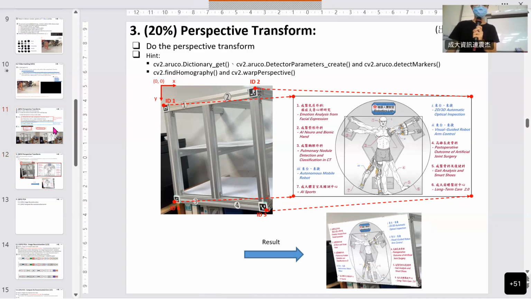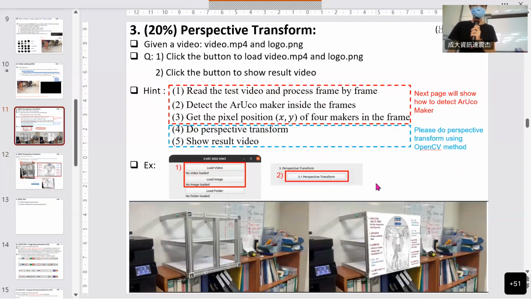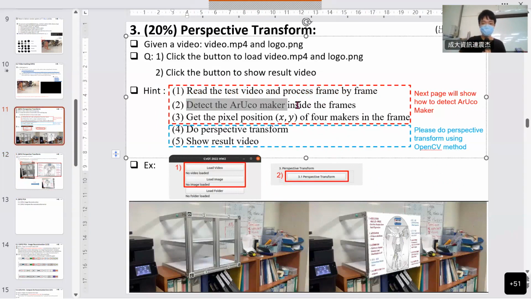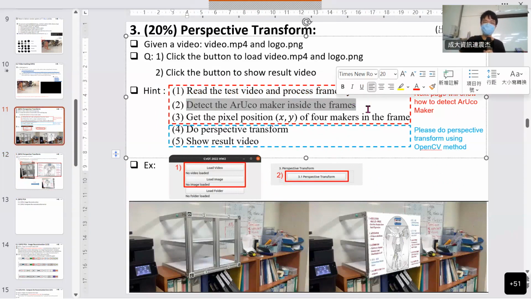Clear about this? First of all, you should detect the ArUco code.